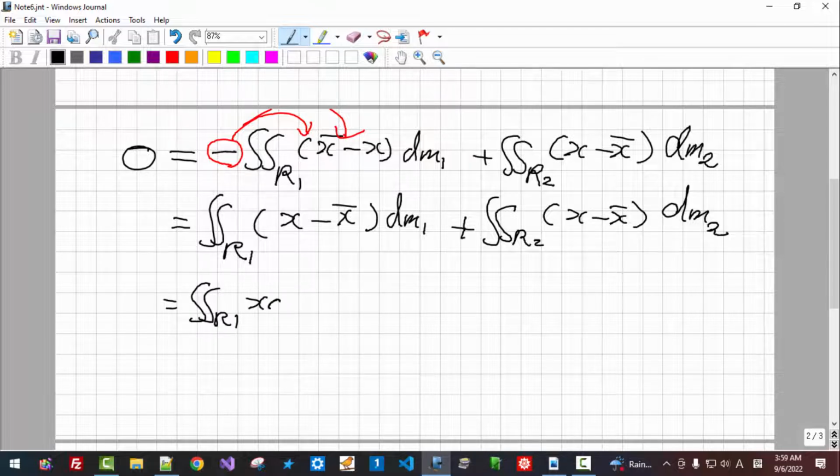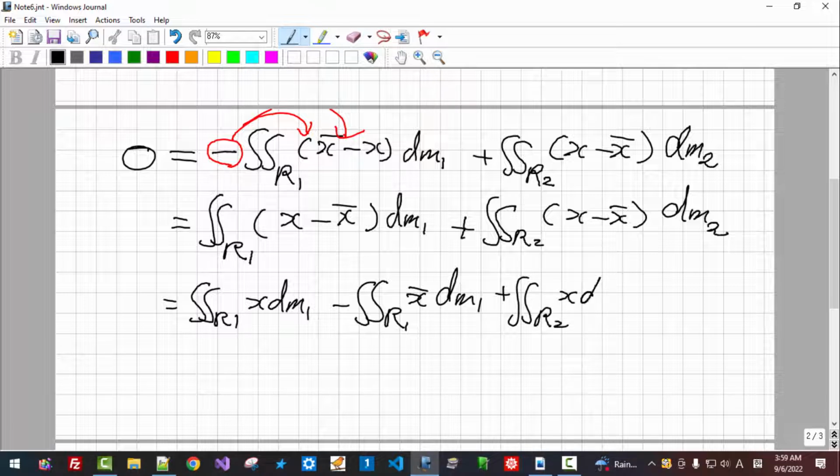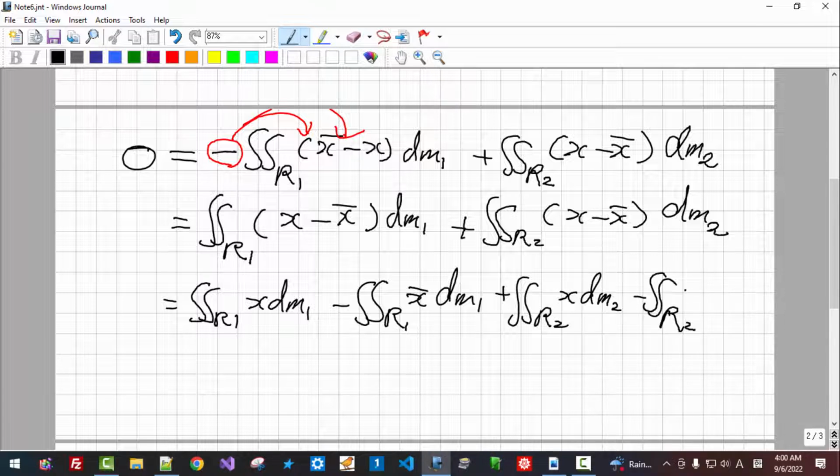The integral over R1 of x dm1 minus the integral over R1 of x bar dm1 plus the integral over R2 of x dm2 minus the integral over R2 of x bar dm2. Now this is x1 bar m1 minus x bar, which is constant.